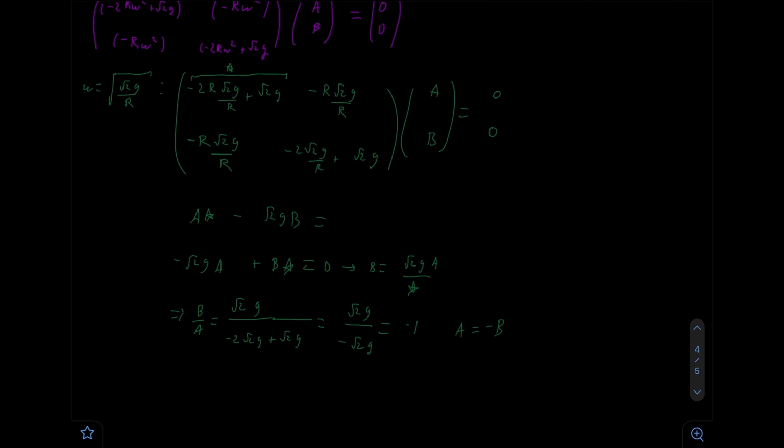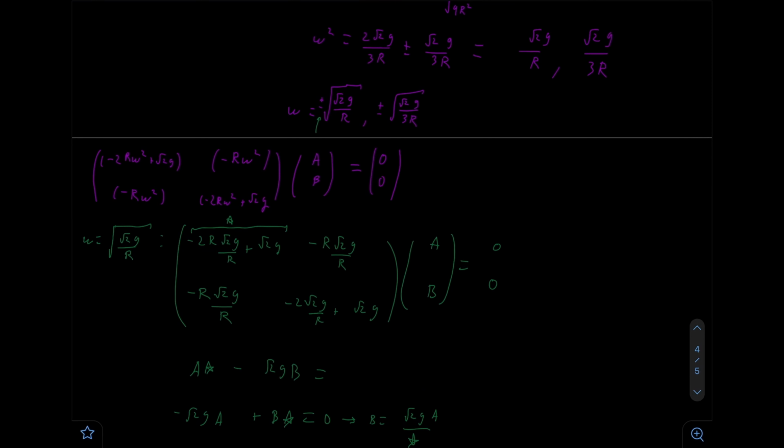Okay, so that means that our normal coordinate is x minus y, which is the same thing as the normal mode, which you can write in vector notation as 1, negative 1. We have the frequency square root of the square root of 2 times g over r.